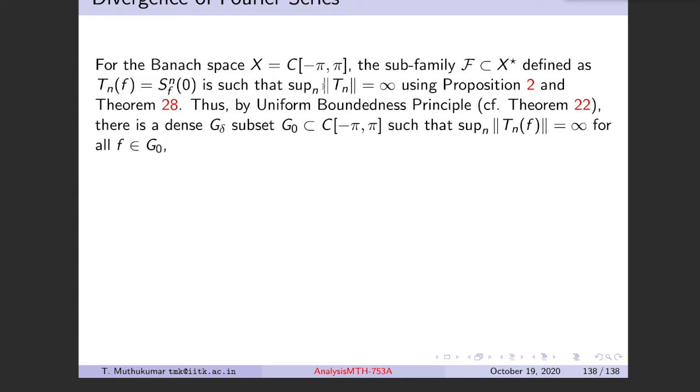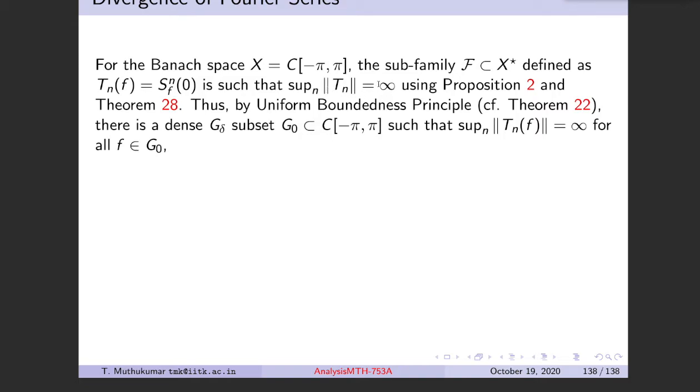That's how you choose this. So you see here, this is the supremum over the norm of Tn. This is a pointwise supremum. For every f, you take the supremum over n of norm Tn f. So suppose these were all finite, then the uniform boundedness principle tells you that the norms will also be finite.